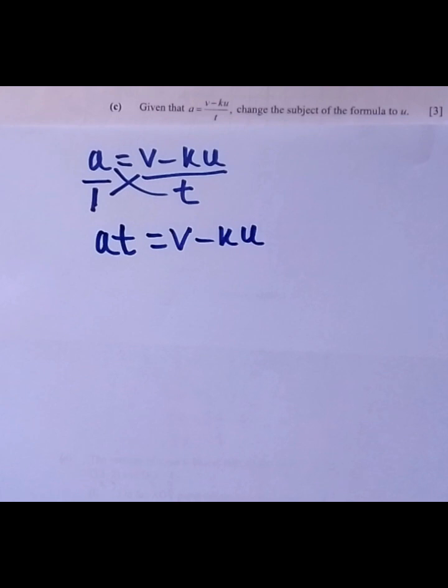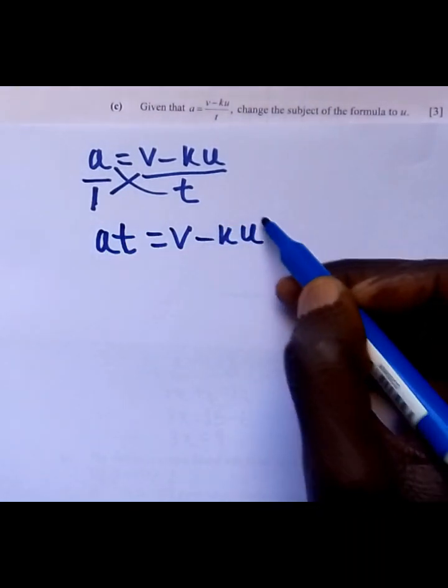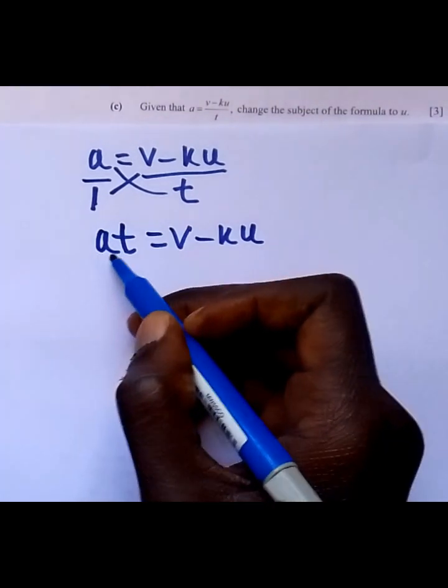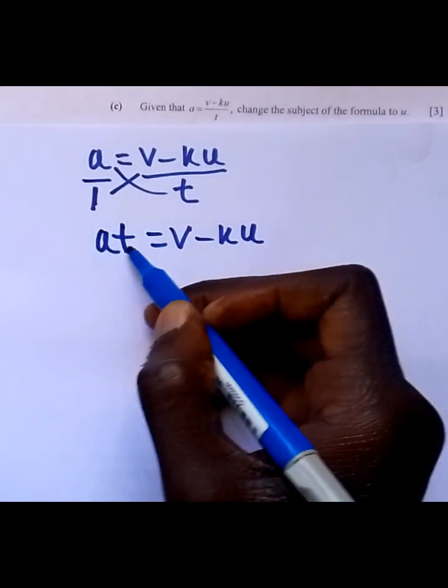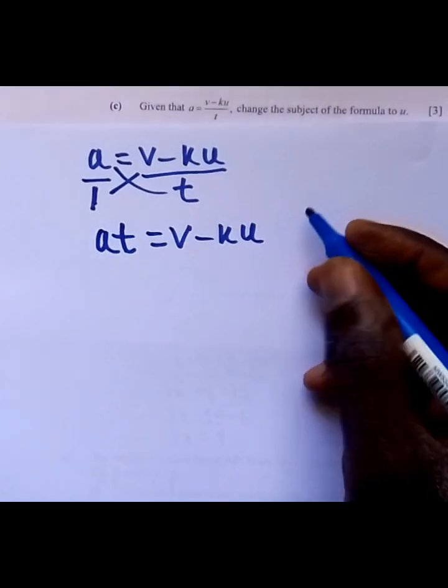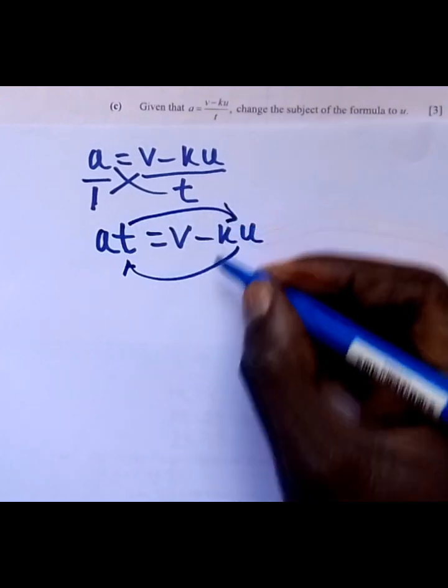To make u the subject, we can just interchange the terms. We're interested in u, so we'll move the term with u to the left, and the term at to the right.